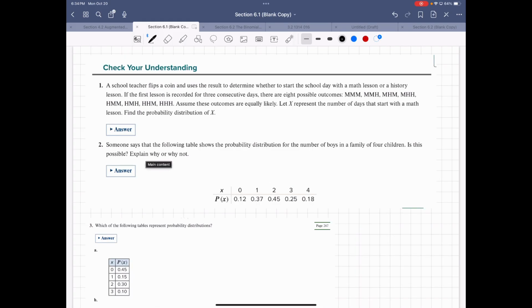A school teacher flips a coin and uses the results to determine whether to start the school day with a math lesson or a history lesson.